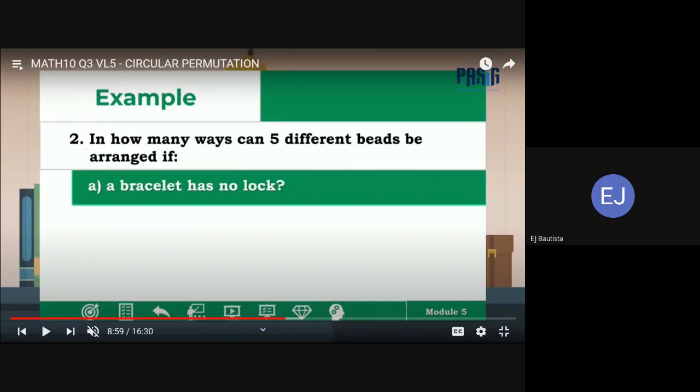N minus 1 factorial divided by 2. Kasi nga, napi-flip to, nababaliktad. So, 5 minus 1 is 4 factorial. 4 factorial is 24. 24 divided by 2 is 12. So, we have 12 ways in arranging the 5 different beads in a bracelet that has no lock. Or there are 12 arrangements.